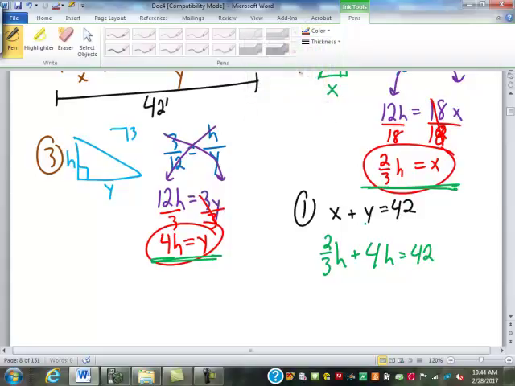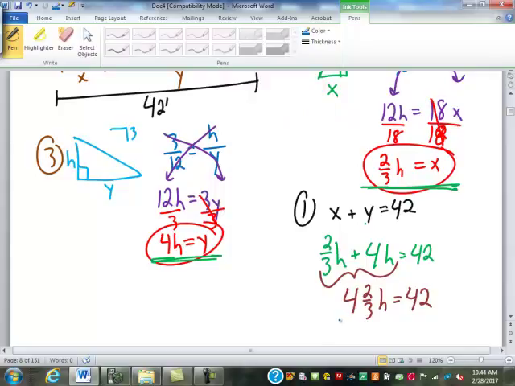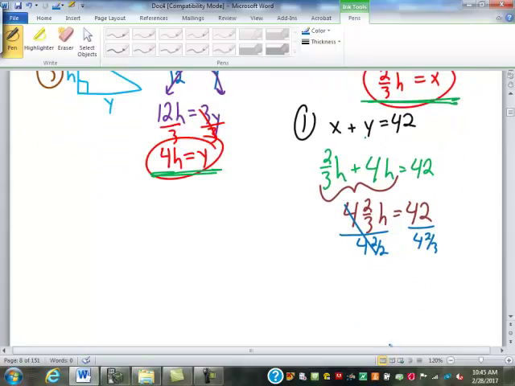And then we combine 2/3 h and 4h to make 4 2/3 h. And then divide by 4 2/3. So h equals, what is 40 divided by 4 2/3? 9. So h is 9 feet.